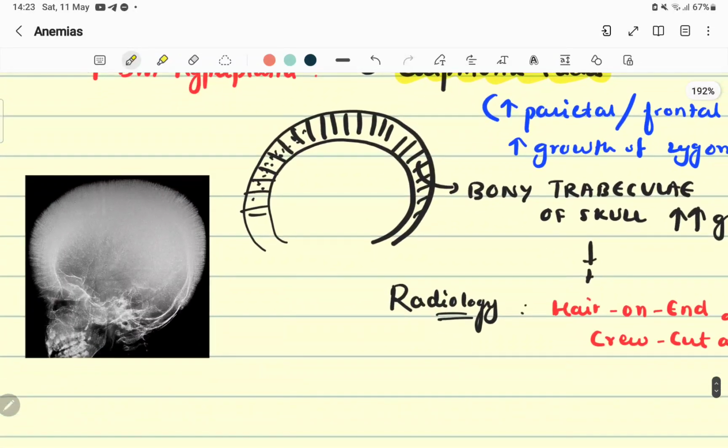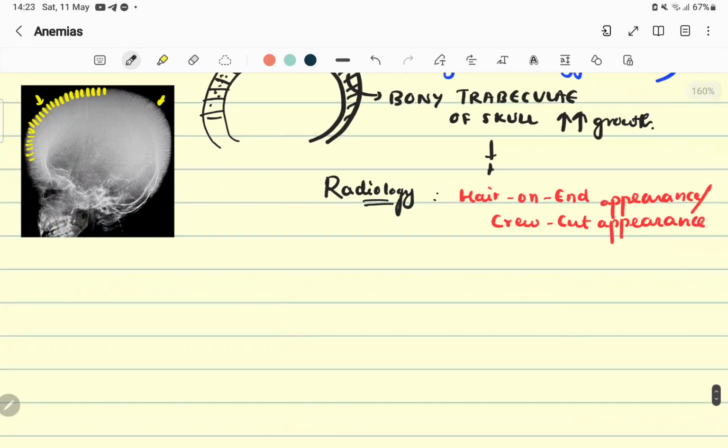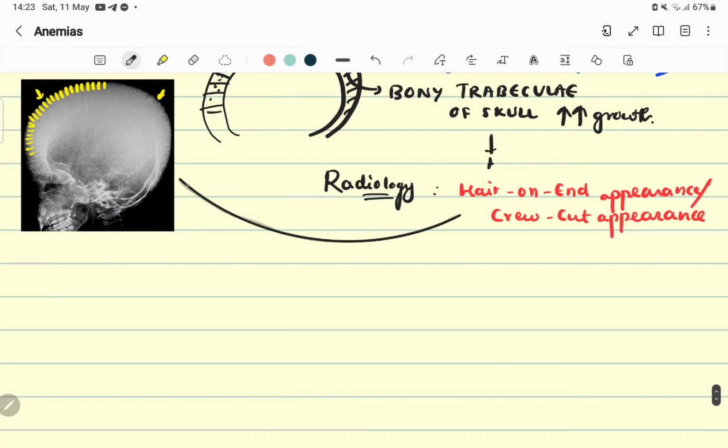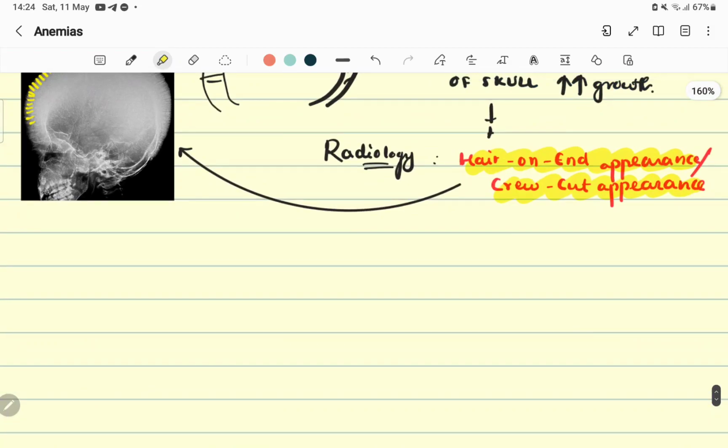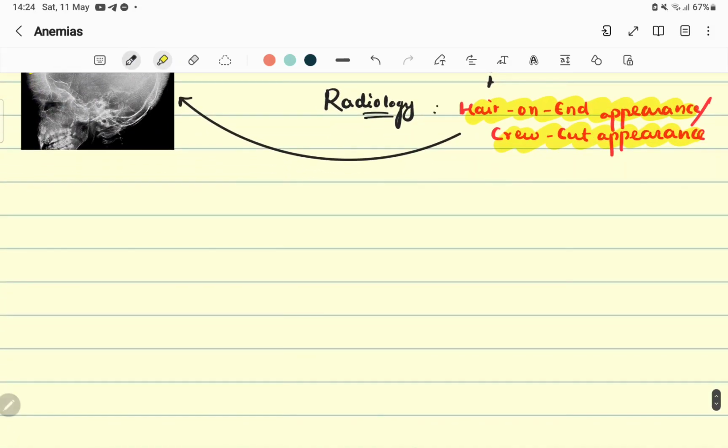This is the hair on end appearance. You can see these hair-type structures. This is the radiology, and this is important. So these are the clinical features, and on lateral view X-ray we find this.